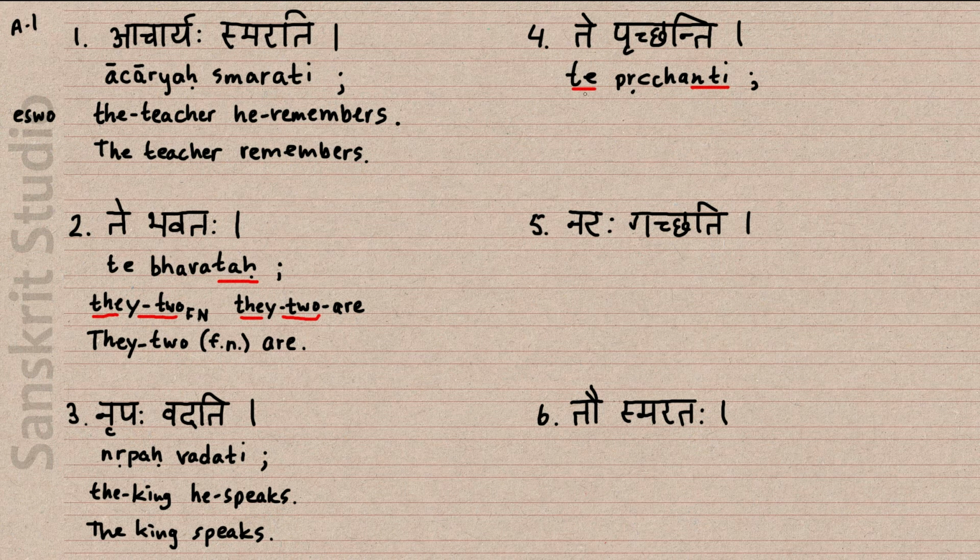So there is no te masculine in the dual, but there is one in the plural. So then we have they all, and what they're doing, they all ask.